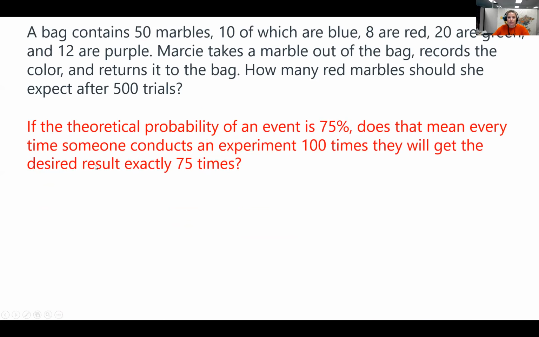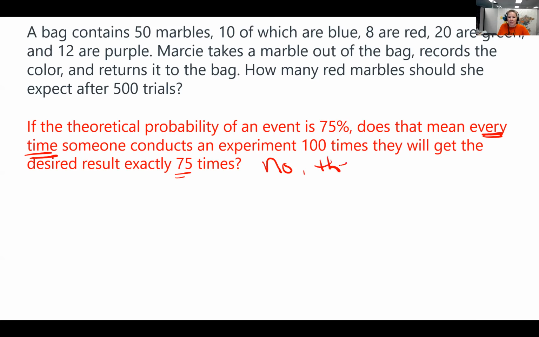If the theoretical probability of an event is 75%, does that mean that every time someone conducts an experiment 100 times, they will get the desired result exactly 75 times? Is that what that means? No, that's not what it means.